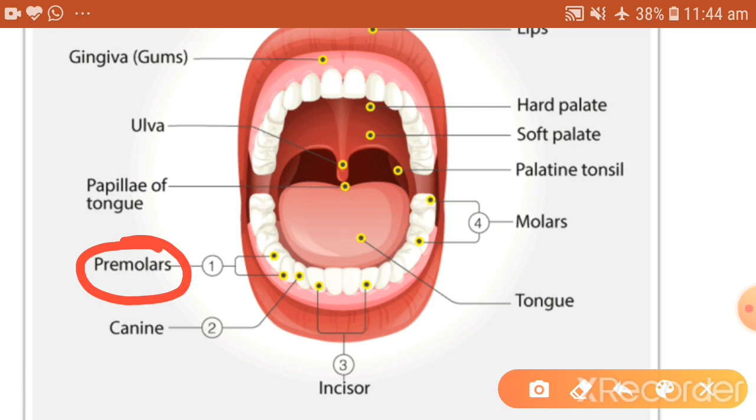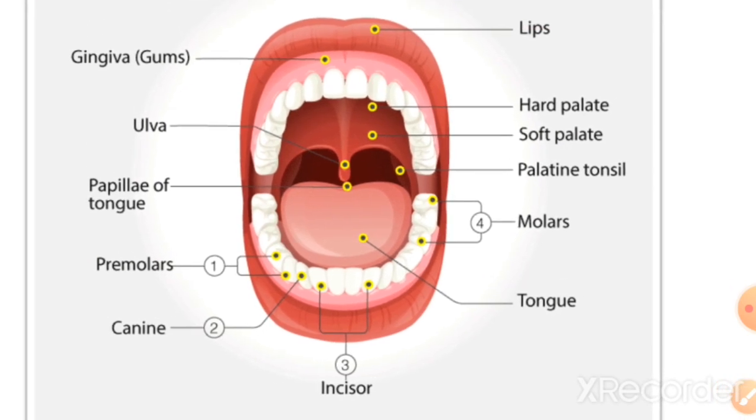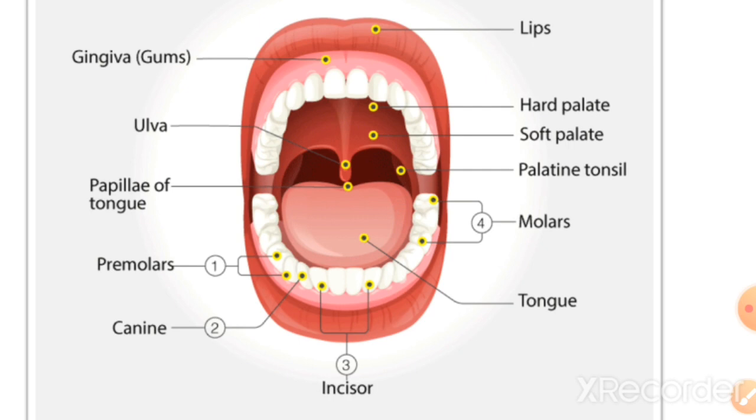It's on either side, not only this side, it's here also, this side as well as this side. You have two on the left side and two on the right side of both the jaws. They help in crushing and grinding the food as you chew.